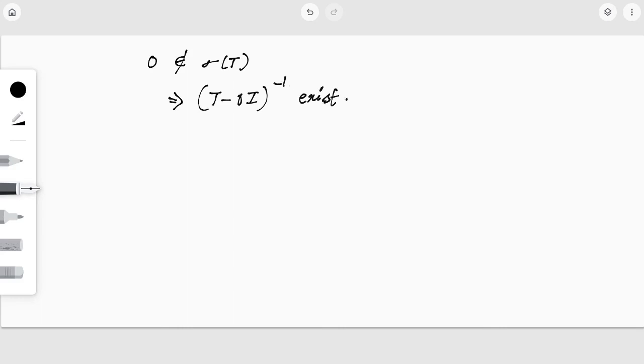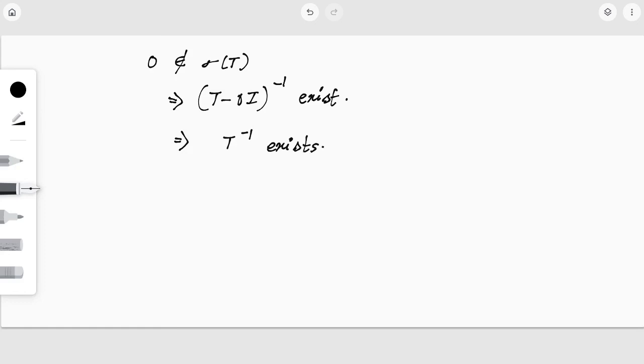That is the definition of a regular point. If it is not a spectrum point, then it has to be a regular point. So (T minus 0I) inverse exists. So what is (T minus 0I) inverse? That is nothing but T inverse, right? So T inverse exists. So such an operator exists.